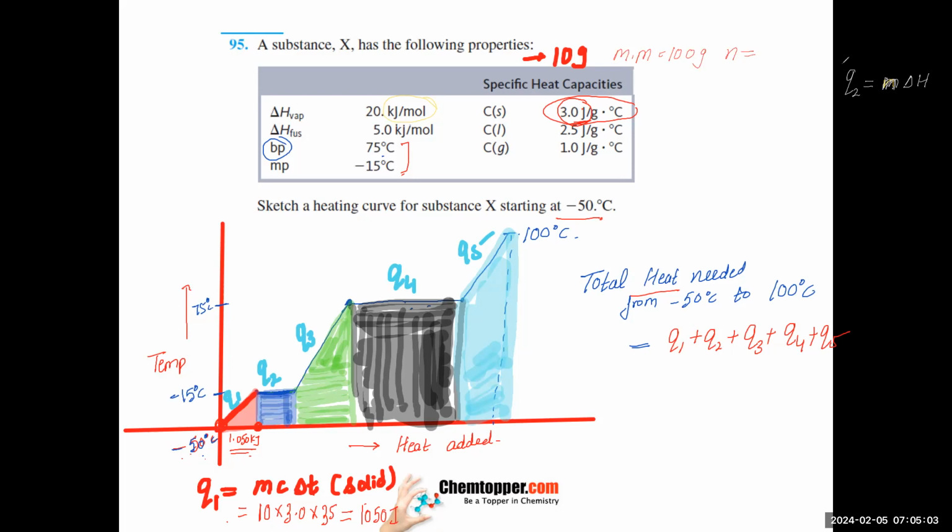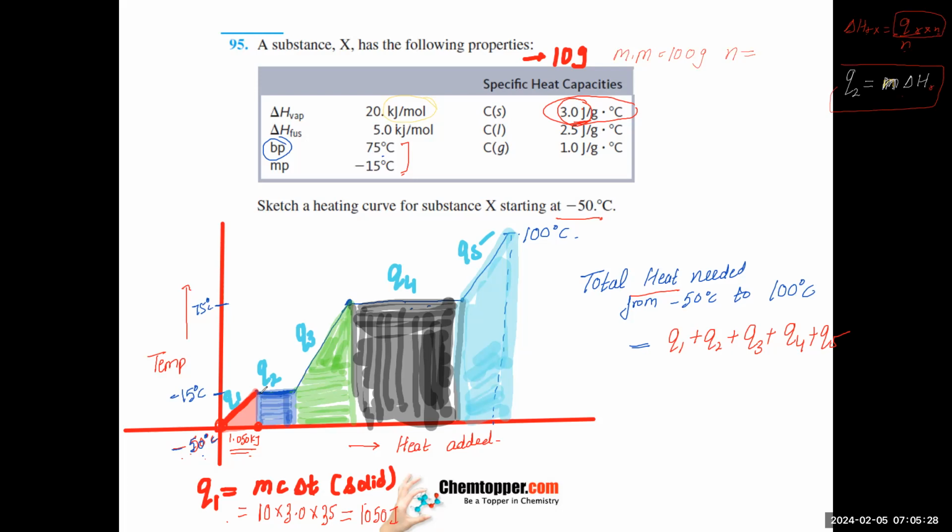You remember this equation? Delta H of the reaction is Q over N. This time this is not a cup calorimeter or bomb calorimeter, it's just a solid. So from here I'm getting how much heat is needed: N times delta H.